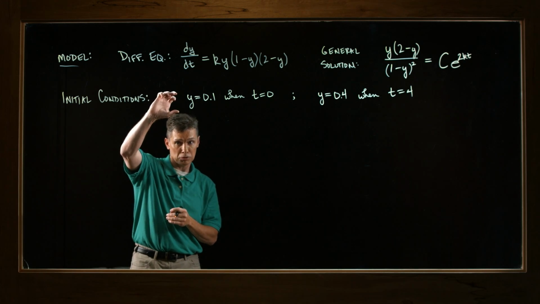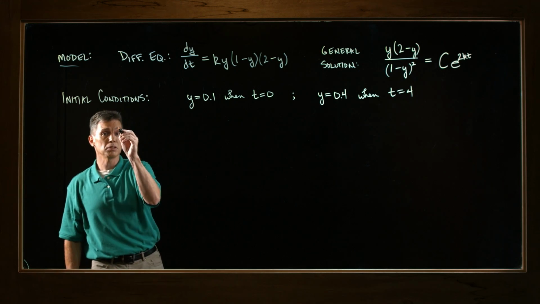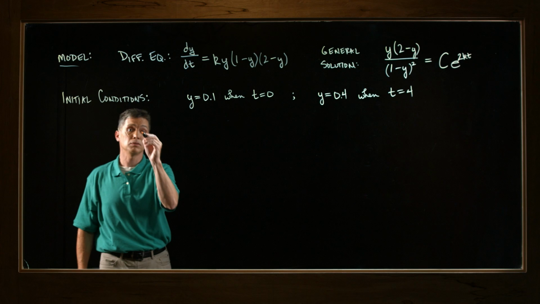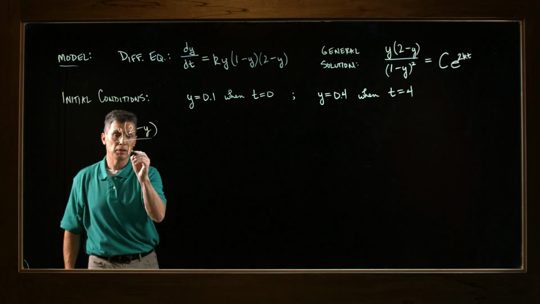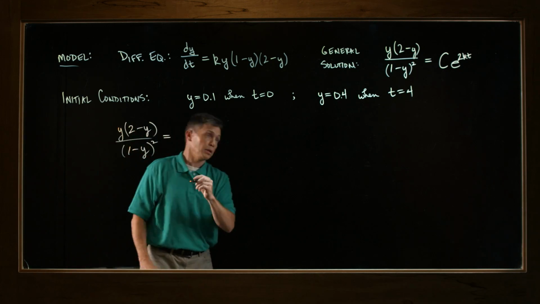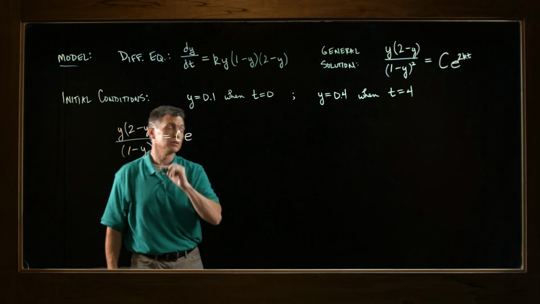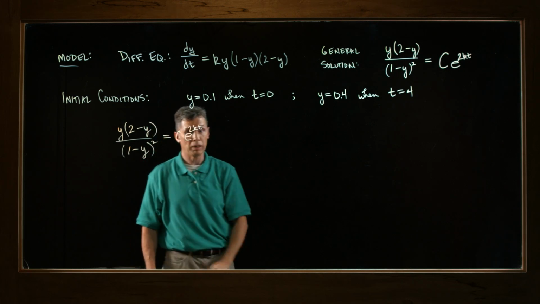So I'm going to come to this first initial condition of mine and grab that general solution, y(2 - y) divided by (1 - y) squared, and that equals c times e raised to the 2kt power.